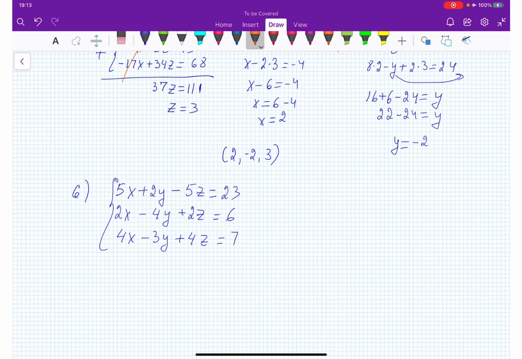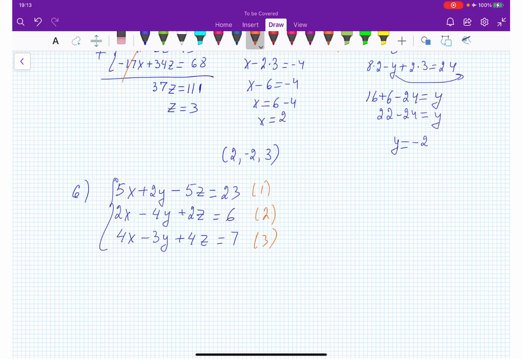Okay. First one, second one, third one. Okay, let's choose. Which one do we want to choose and what to eliminate? I think I'm choosing first and second, because it's either first and second to eliminate y or second and third to eliminate x.